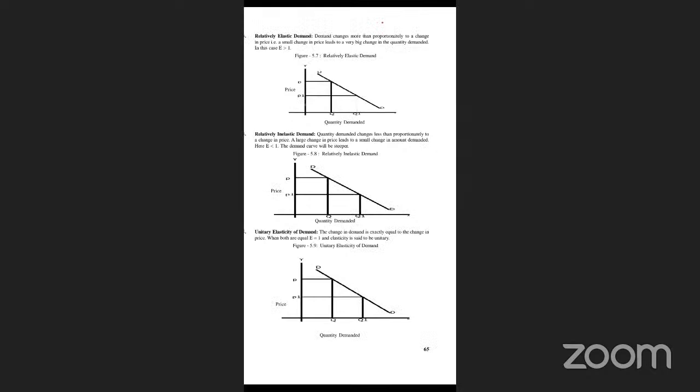From P1, suppose the price is changing to P. Okay, from P1, it is changing to P. This small change is leading to a change in quantity demanded, that is, it is moving from Q to Q1.